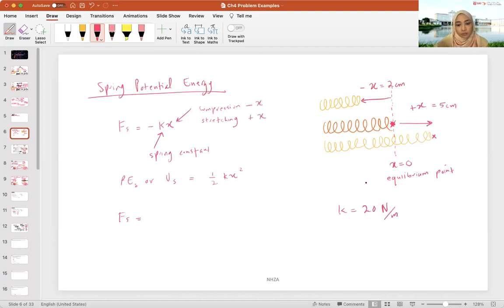So Fs for this spring is minus Kx, so minus 20, and x is, we are stretching our spring, so 5 centimeters, so it becomes 0.05 meter, divide by 100. This is Newton per meter, so meter with meter cancel out. So I'm left with Newton. So your answer will be 20 times 0.05, you would get minus 1 Newton.